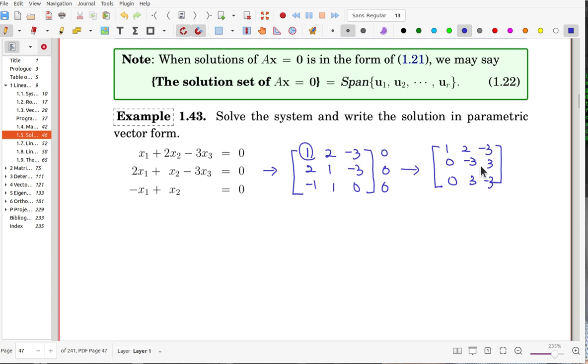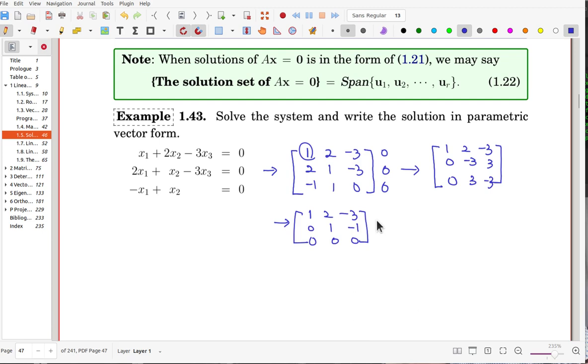Essentially, these two rows are the same, up to multiplication by negative 1, so by adding, we can eliminate this last row. Then we have 1, 2, minus 3, and applying scaling, dividing by minus 3, we reach 0, 1, minus 1, and the last row is a 0 row.